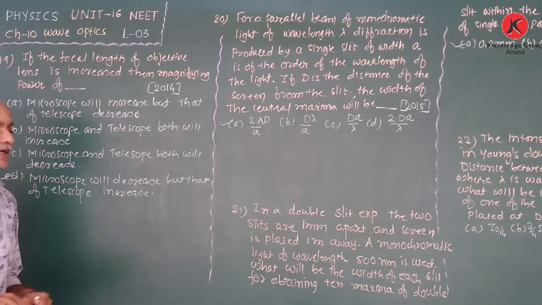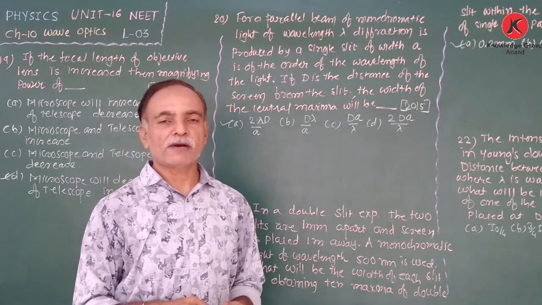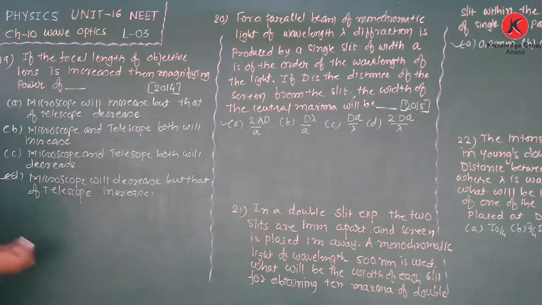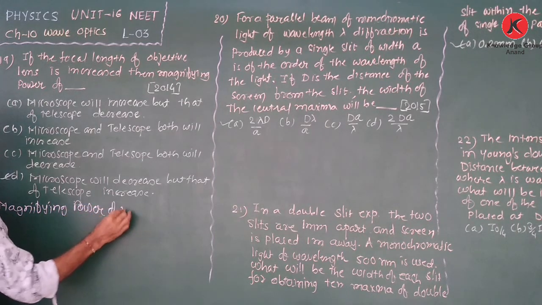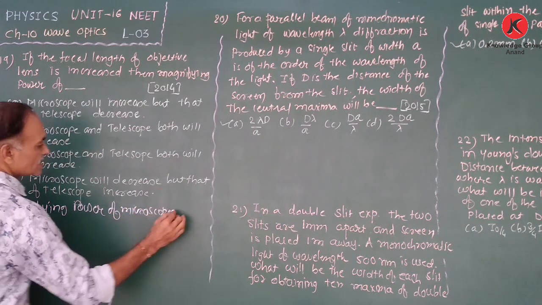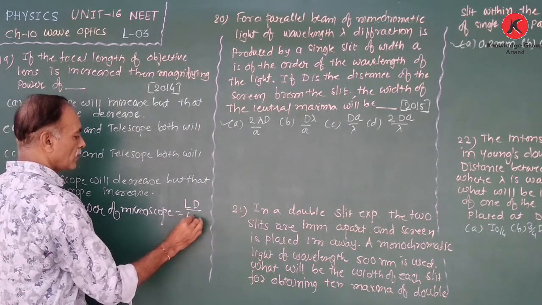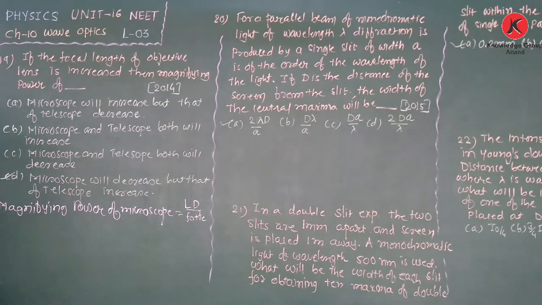For that purpose, we have to know the equation of the magnifying power of a microscope and a telescope. Magnifying power of the microscope is equal to LD upon FO times FE.